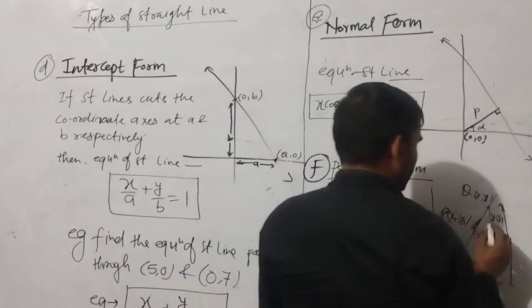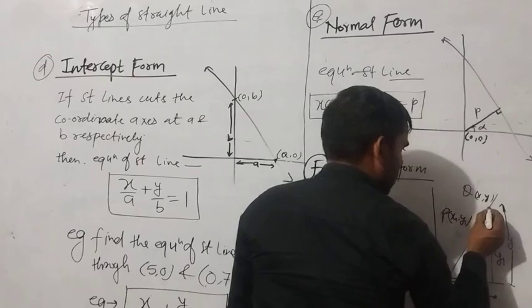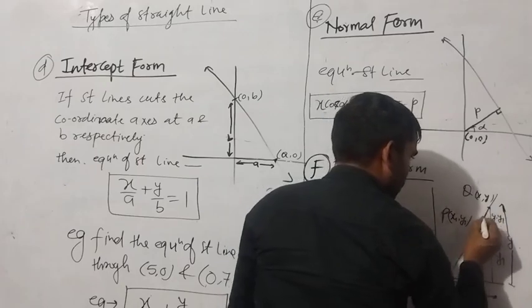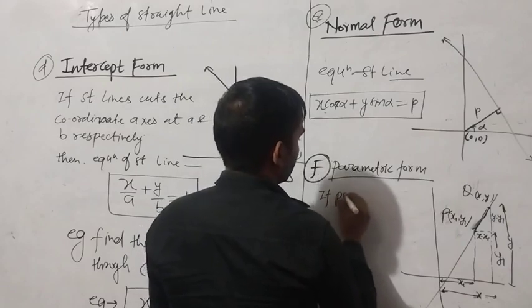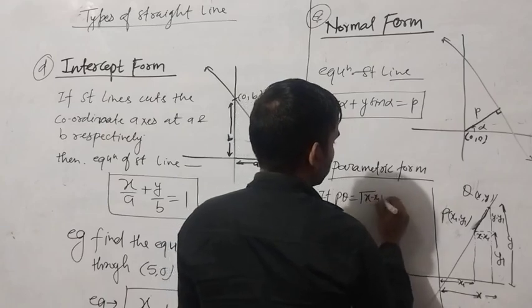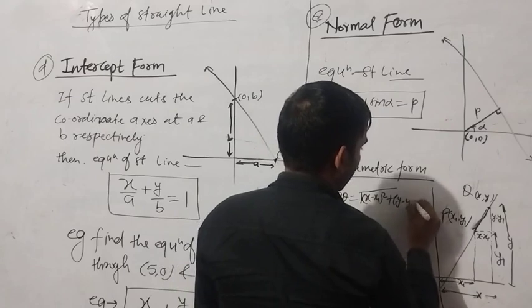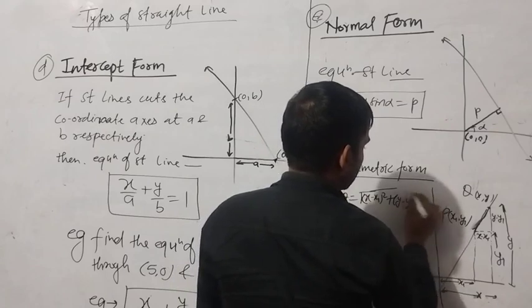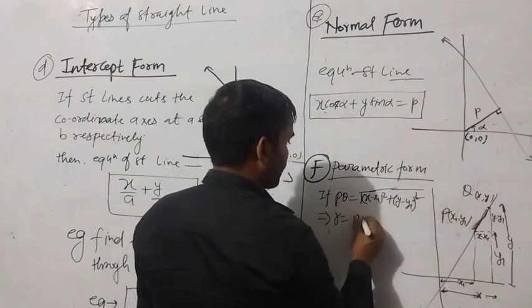So the distance of the points P and Q, PQ, will be the square root of (x minus x1) whole squared plus (y minus y1) whole squared. This is the distance formula. So let's suppose r is equal to PQ.